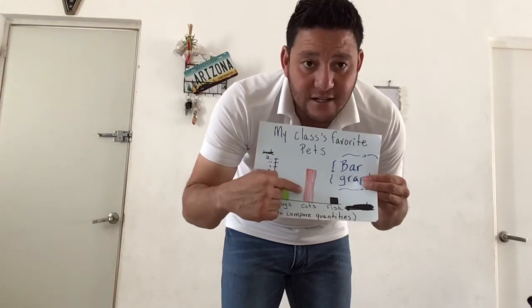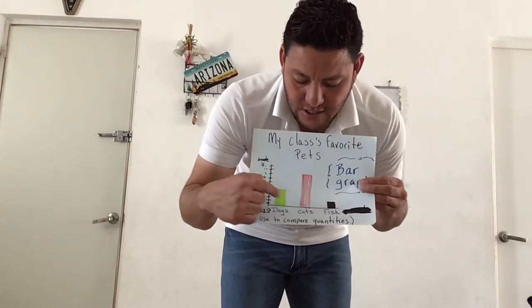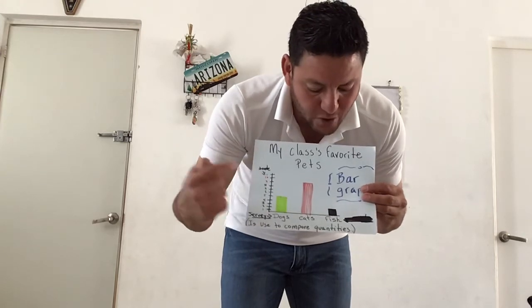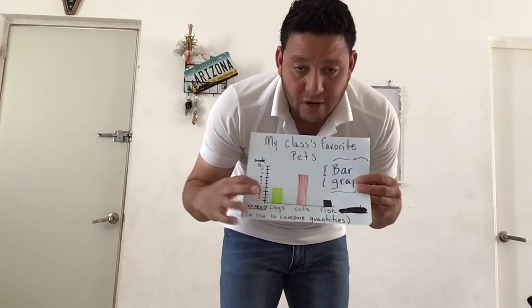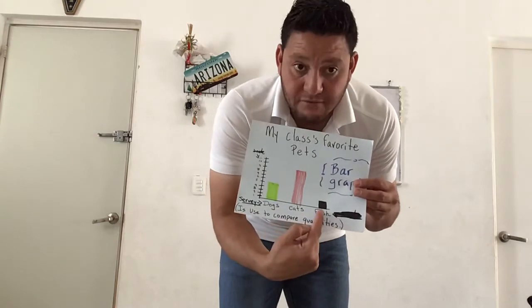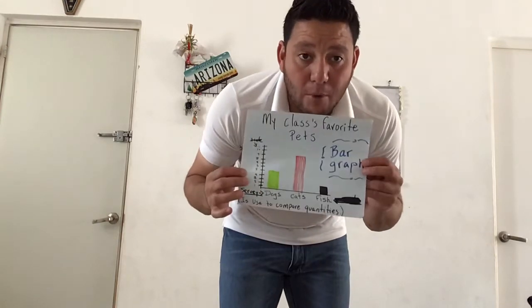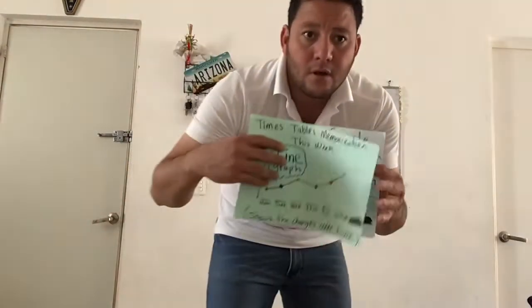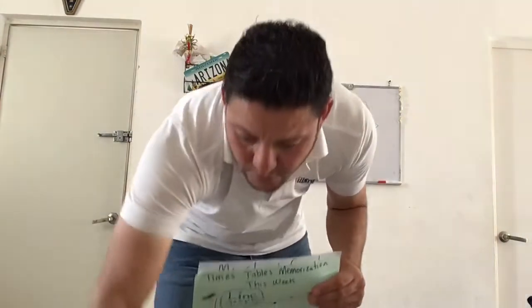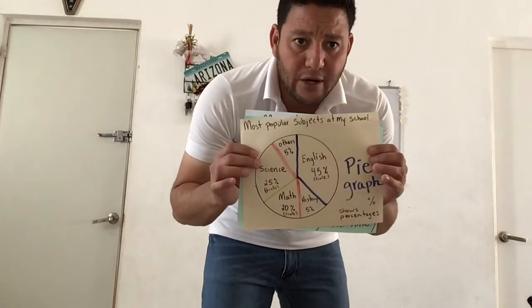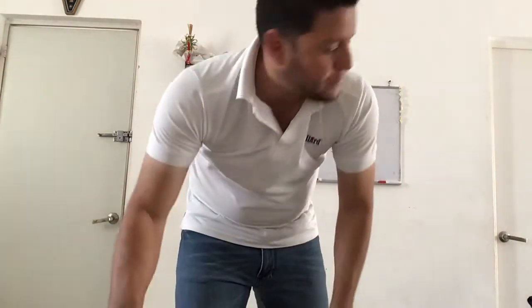Another 10 of them say they have cats, yes, they have cats on this bar graph, and 3 of them have only fish. Okay, this is a bar graph. So remember, we have 3 kinds of graphs, which are a bar graph, a line graph, and a pie graph. Understand? So those are the types of graphs.